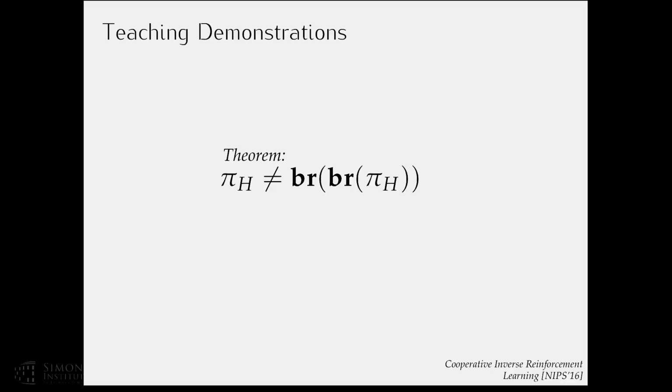This is the algorithmic teaching perspective. The person is going to try to figure out how the robot is learning and figure out what demonstration they should provide. That's not necessarily the expert demonstration, but one that actually helps the robot that is running inverse reinforcement learning perform well. It's pretty easy to show that an expert demonstration is different from the best response to the best response that the robot would be computing.